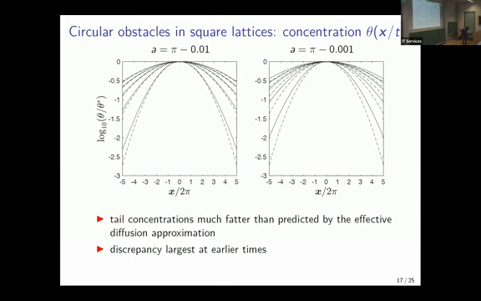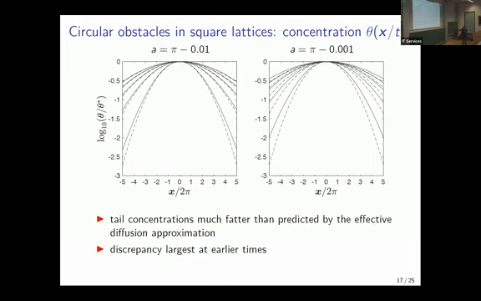What you see is that the tail concentrations are much fatter than predicted by the effective diffusion approximation. Over here, the effective diffusion approximation and the large deviation approximation are exactly the same, but the tails over here are different, and the difference is more pronounced at early times.